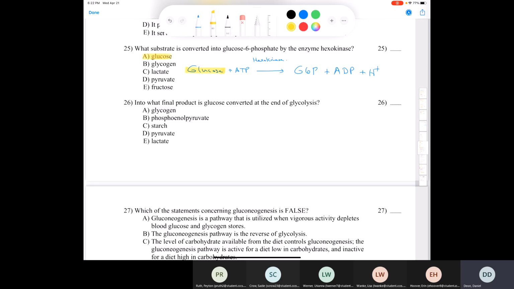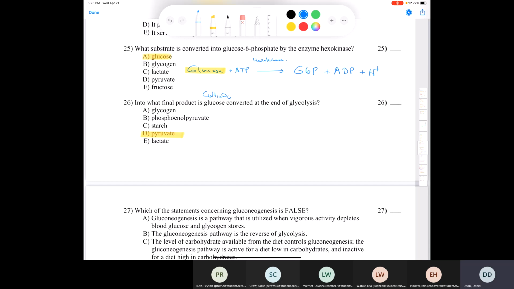Because glucose has a total of 6 carbons. The formula of glucose is C6H12O6. But when we looked at steps 1 through 10 of glycolysis, we saw that somewhere around step 4, the glucose got split into 2.